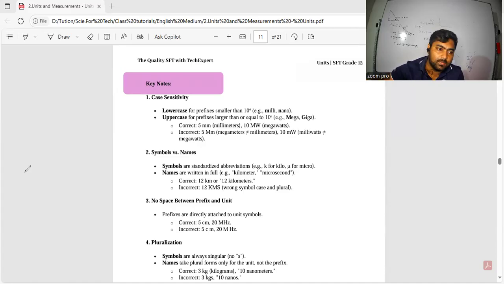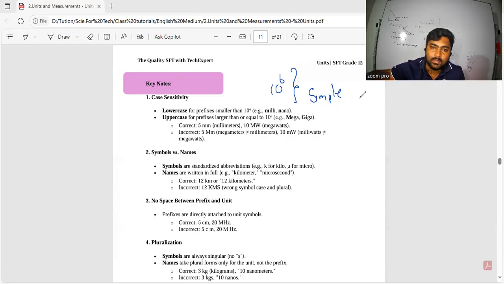Okay, the first one is sensitivity. Prefixes below 10 to the power 6 start with simple letters.